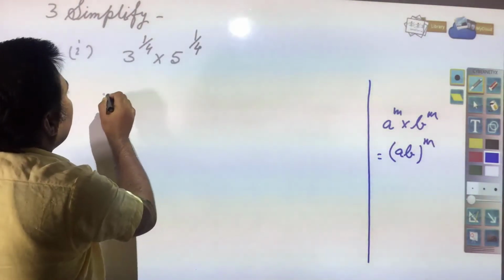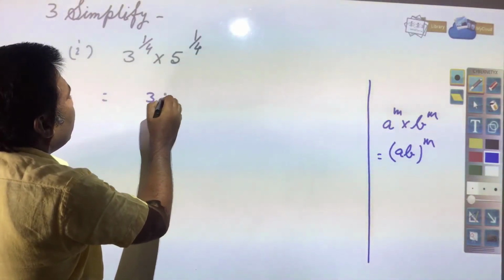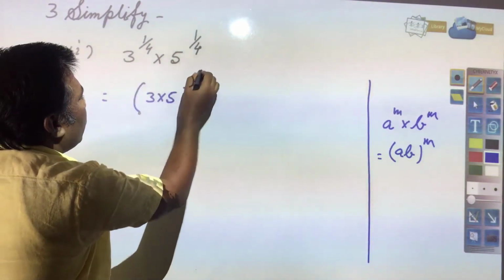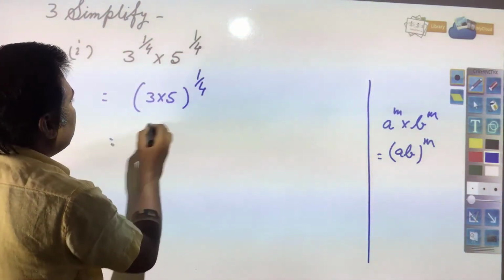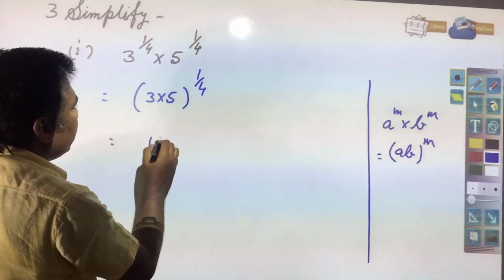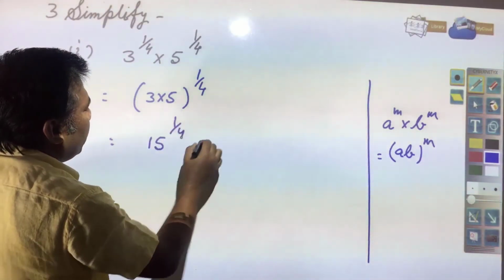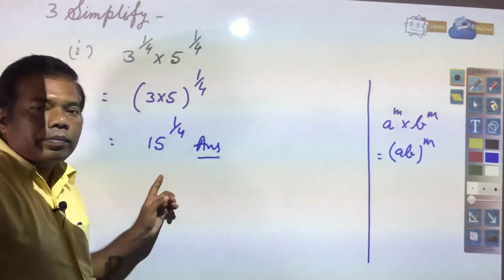So, this can be written as 3 into 5 to the power 1 by 4, and this will be 5 threes are 15 to the power 1 by 4, and this will be your answer.